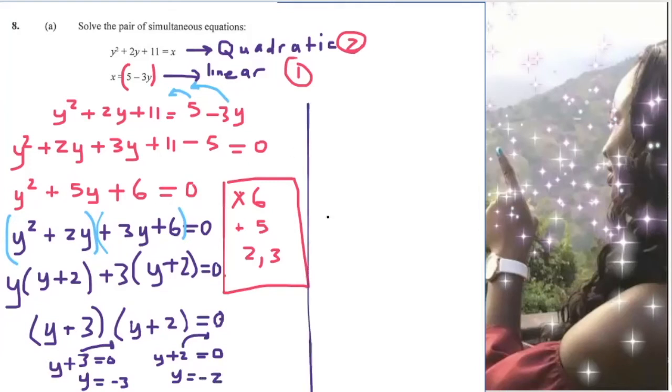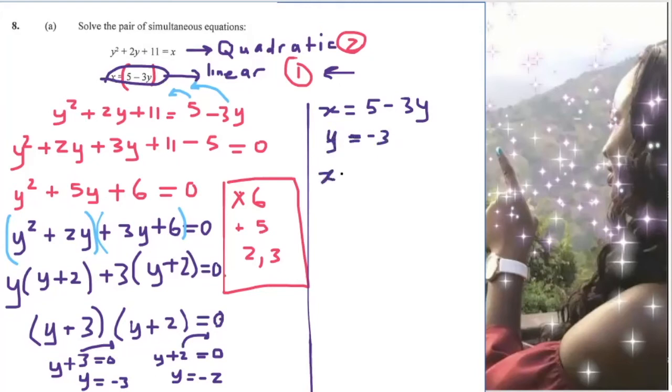Now we also have to find out what is x. So we go to the linear function where x is equal to 5 minus 3y. It's coming from this that was given. So I'm going to replace when y is equal to negative 3.